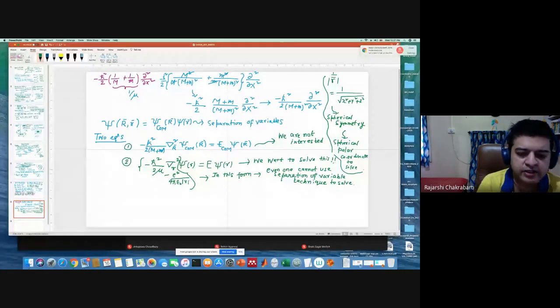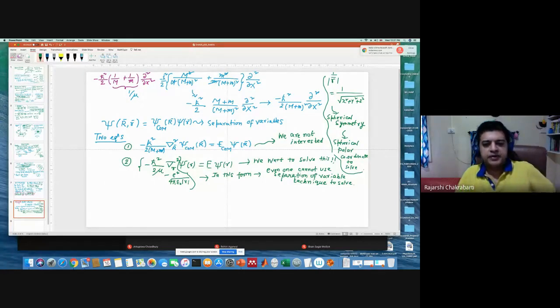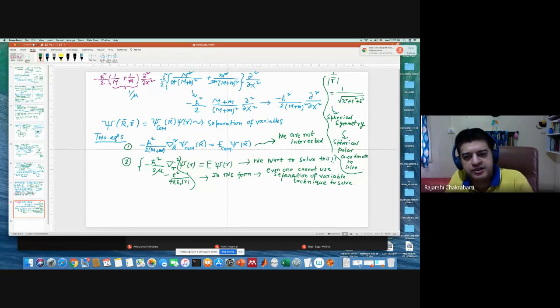When I write down this same equation, equation 2, in spherical polar coordinates, then I can adopt the separation of variable technique there and I can solve it.